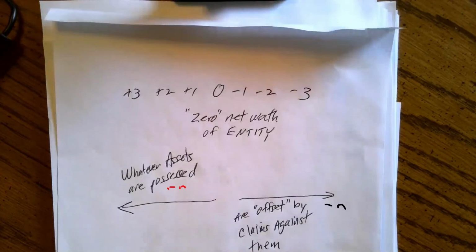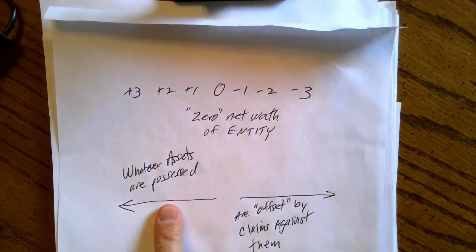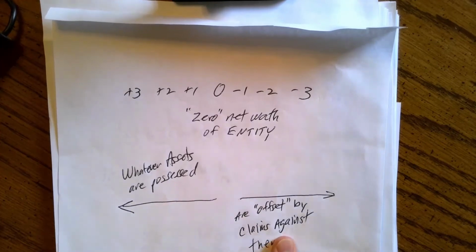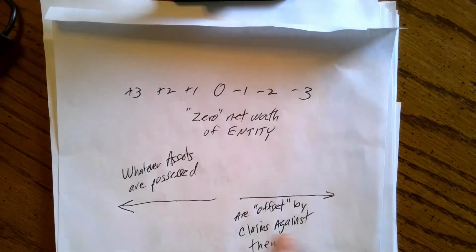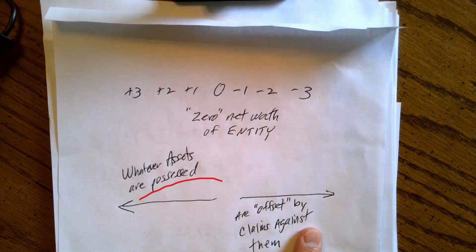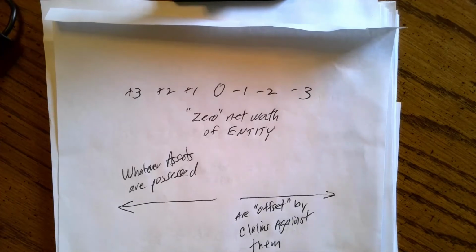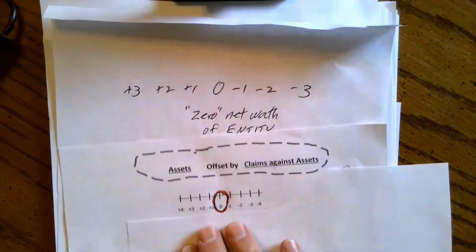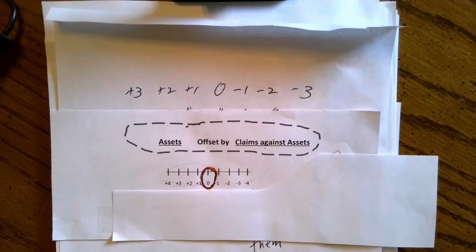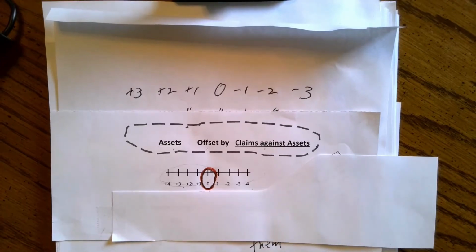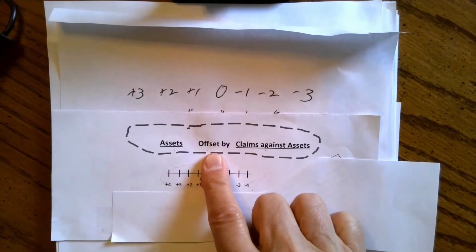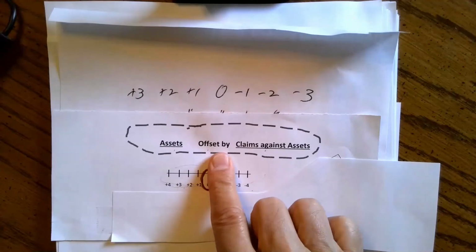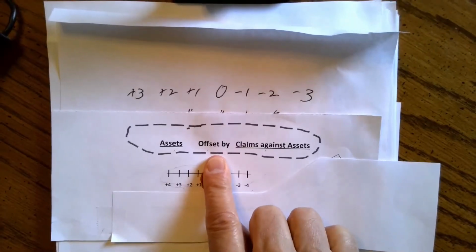If you use this model to overlay the accounting equation, our assets possessed on the left are offset by claims against them on the right. Positive, negative. When assets are increased and exist within an entity, I'd like you to concentrate on the fact that instead of saying assets equal, mentally think assets are offset by claims against assets.